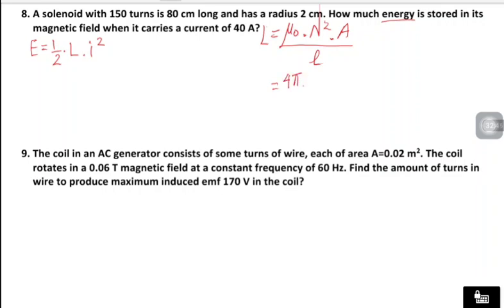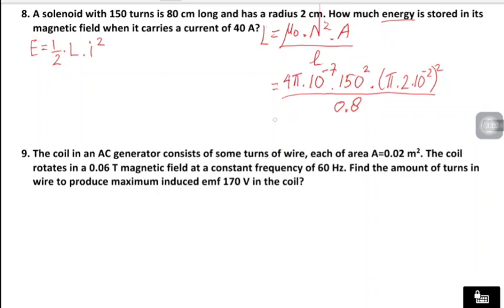So we got the value 4 pi times 10 to the minus 7 power times 150 square times A. Solenoid has a circular surface, then the area is pi r square. We have changed the radius into meter, divided by L, 0.8 meter.